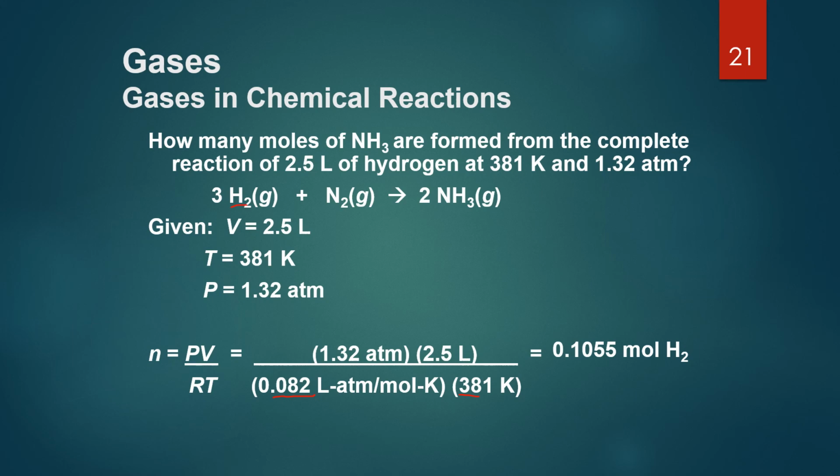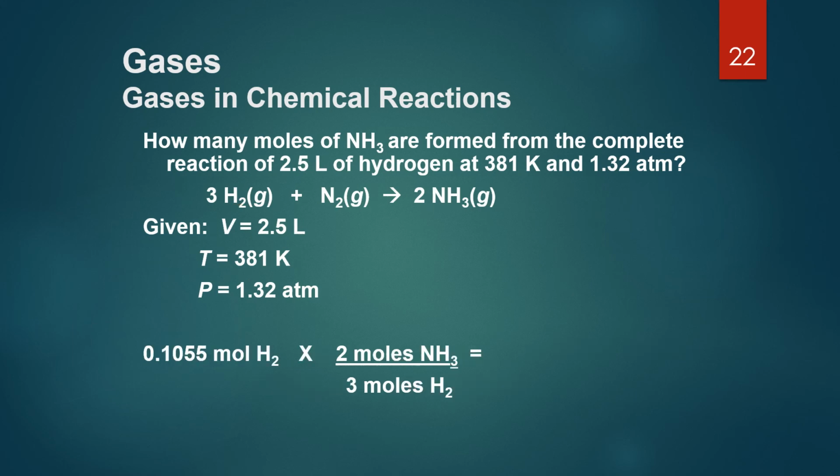Once I have moles, I can then use my mole ratio conversion factor to get between moles of H2 and moles of NH3, which is what the question is asking for. So I take my moles of H2 and then my conversion factor, which is for every 3 moles of H2, I would produce 2 moles of NH3.